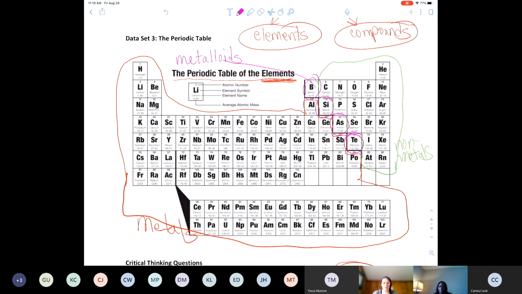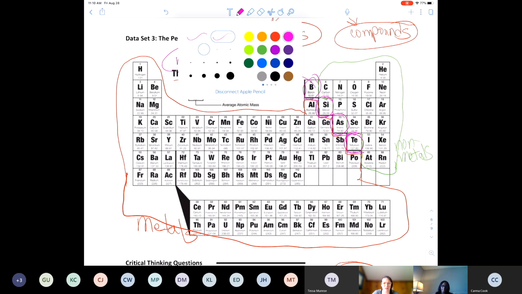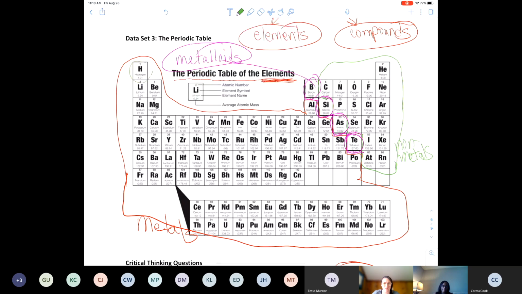And you can say they kind of sit on the stair step here. And hydrogen still counts. It still counts as a nonmetal. You are very correct.